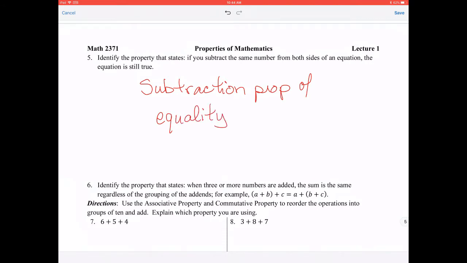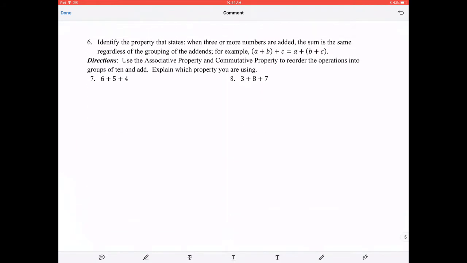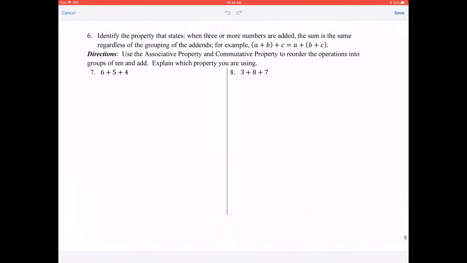All right. And now we have two more. Identify the property that states when three or more numbers are added, the sum does not change regardless of the grouping of the addends. Okay, directions. So this example for 6 is the associative property.